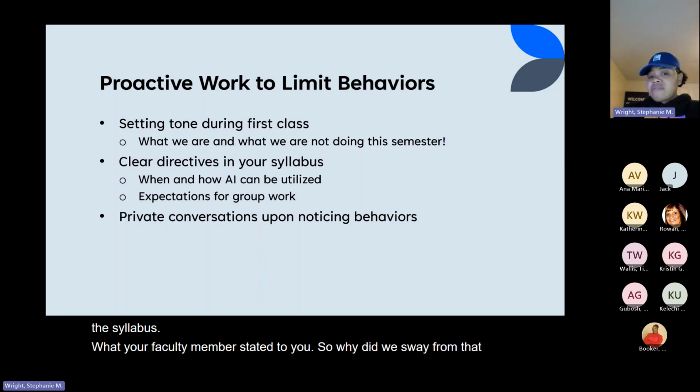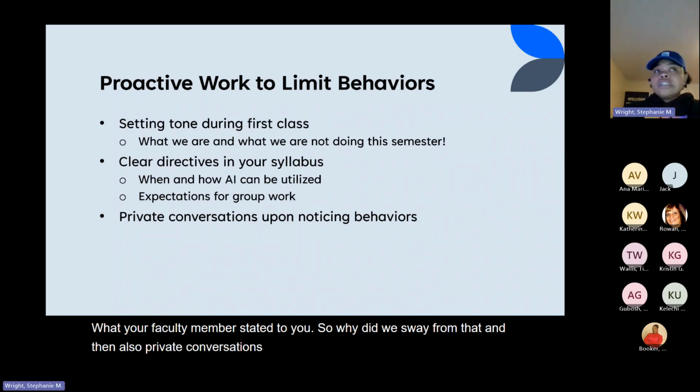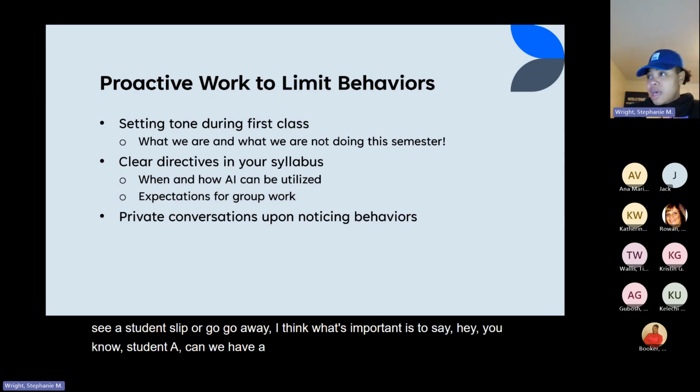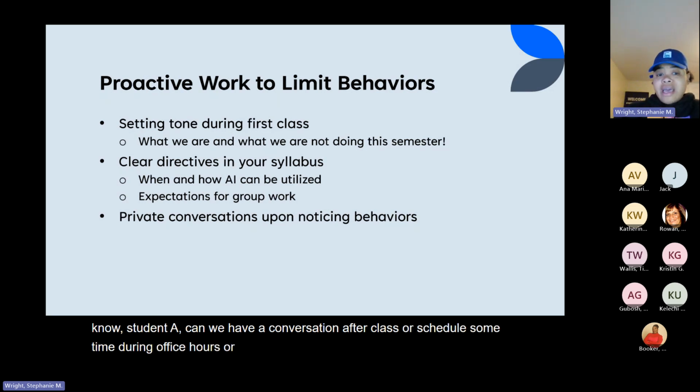And then also private conversations upon noticing behavior. If you're starting to see a student slip or go astray, I think what's important is to say, hey, student A, can we have a conversation after class or schedule some time during office hours or whatever it is, and have a direct conversation?